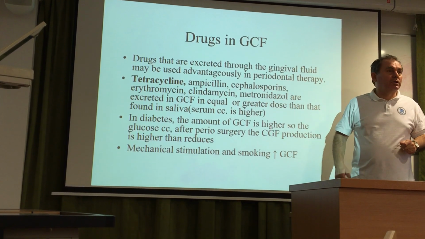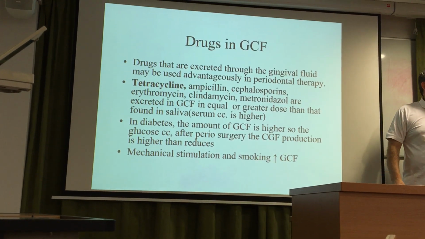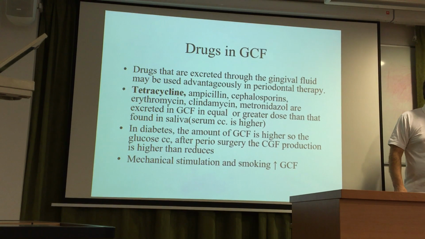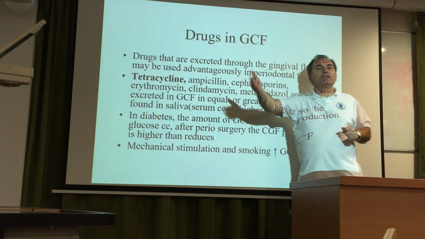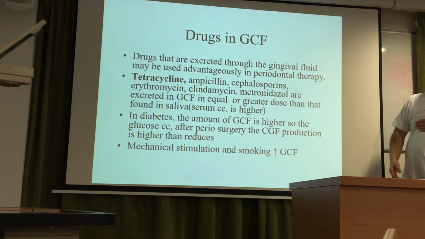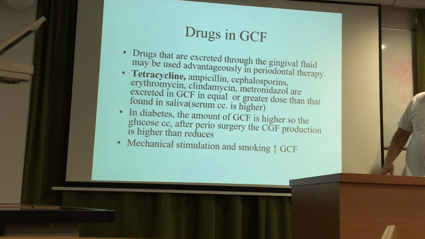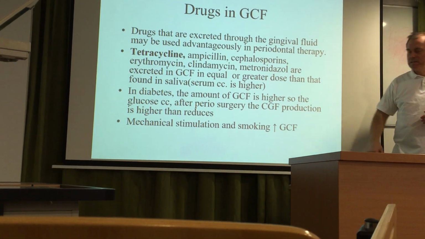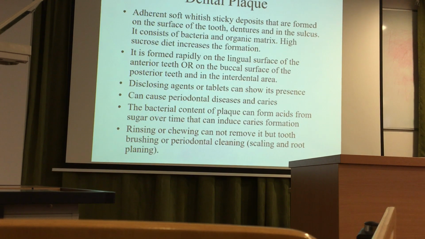It is used regularly, even in ulcerative gingivitis, you know. And as you can see, this drug is excreted into the sulcus. In diabetes, as I mentioned, and with mechanical stimulation and smoking, the crevicular fluid production is changed.